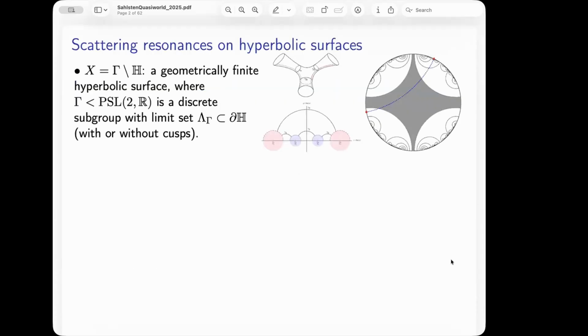So I'll go a little bit in an assumption that you've seen a little bit of hyperbolic geometry, but let me revise that slightly. So what we have here is a geometrically finite hyperbolic surface. One example would be a convex cocompact surface, like in this picture, where we have a group of isometries of the hyperbolic plane given by the Möbius transformations.